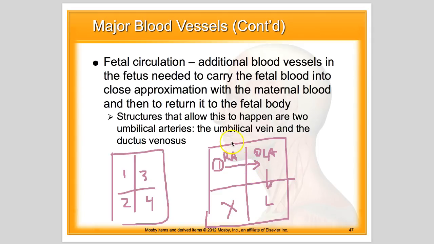How does it get from there to there? Well, there's a hole in the heart. While you're inside your mother, there's a hole right here, and that allows the blood to flow that way. So you've probably heard of a baby having a hole in the heart. Well, we all have that when we're inside the mother, but that should close after childbirth.